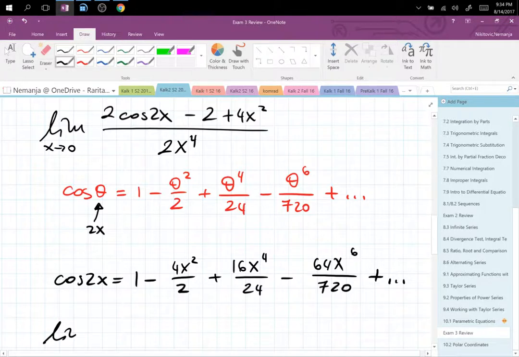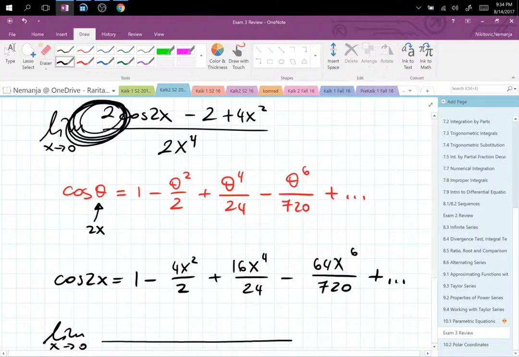To find this limit as x goes to 0, I multiply each one of these by 2, right? Because that's what the problem has. We have this 2 that multiplies the whole power series, which will just chip into these denominators.